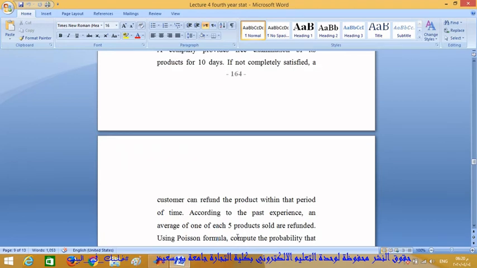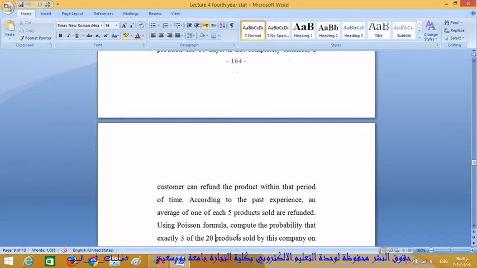Using Poisson formula, compute the probability that exactly 3 of the 20 products sold by this company will be refunded. 20, not 5. So here the interval changed from 5 to 20, so you have to adjust lambda. The first interval is multiplied by 4 to get the second interval.